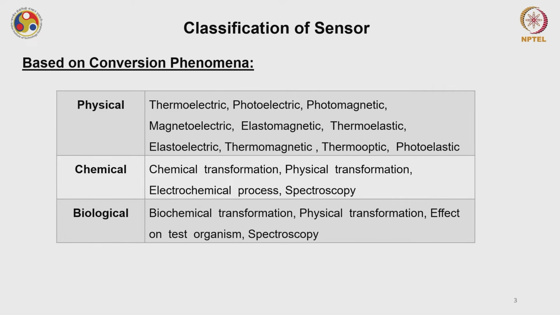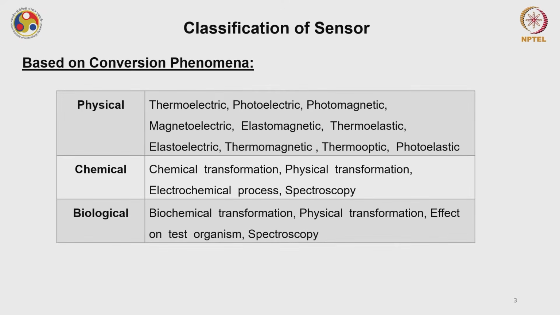Based on conversion phenomena, we can classify sensors under three heads: physical, chemical, and biological. Physical sensors are based on various conversions like thermoelectric, photoelectric, photomagnetic, etc. Similarly, chemical sensors are mostly based on chemical transformation, but there are certain sensors where we measure physical transformation.